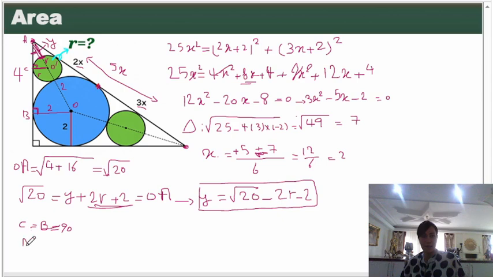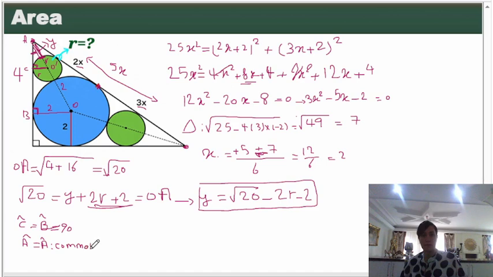Okay, and then both of these triangles have a common angle that's A. So A, let me put the sign of angles. A equals A, they are common angle.